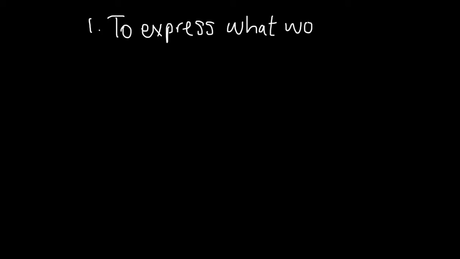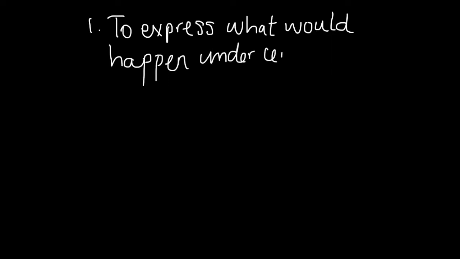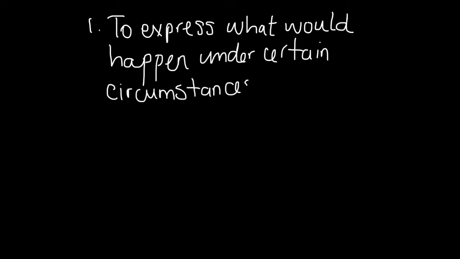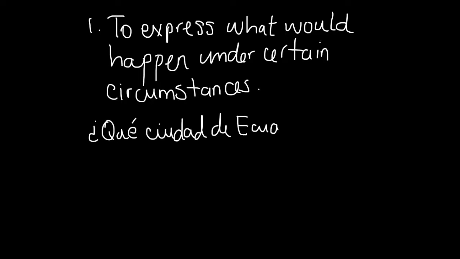The first one is to express what would happen under certain circumstances. So for example, if I'm having a conversation with a friend and I'm telling her that I'm going to be visiting Ecuador this summer, she can ask me, ¿qué ciudad de Ecuador visitarías primero?